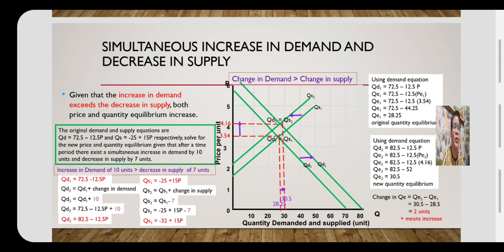And so notice the positive sign. Positive means increase. So there is an increase in quantity equilibrium by 2 units because of the simultaneous increase in demand by 10 units and decrease in supply by 7 units.